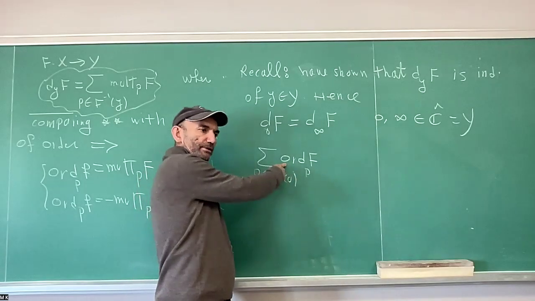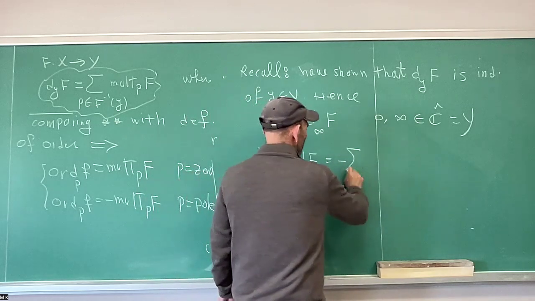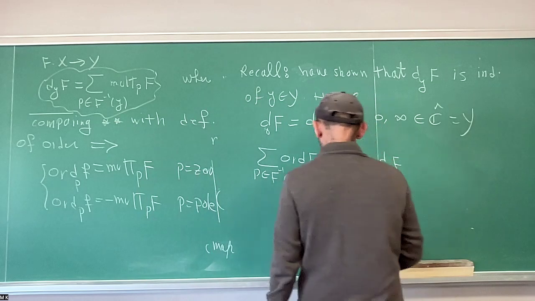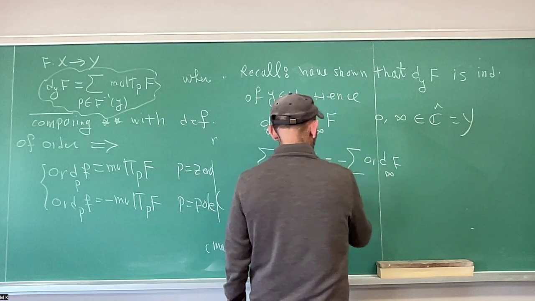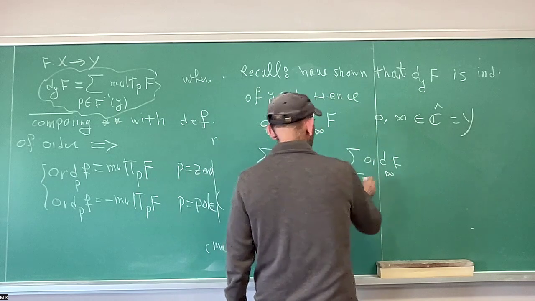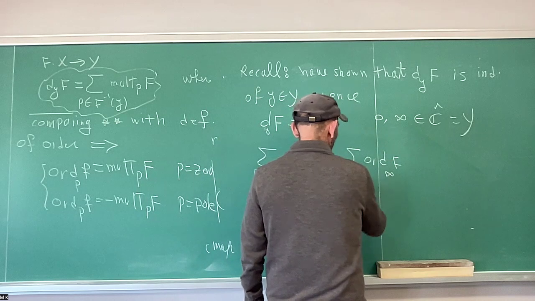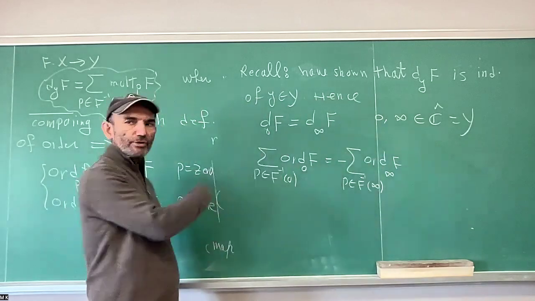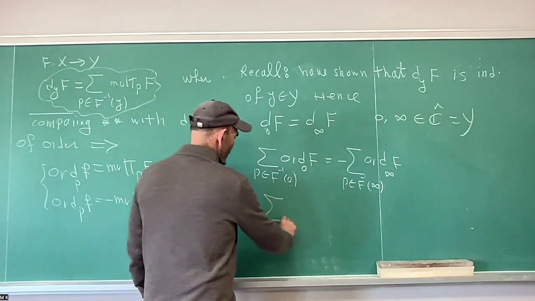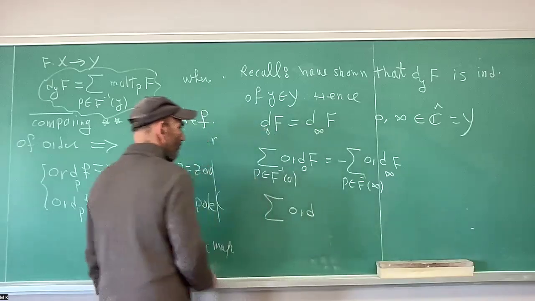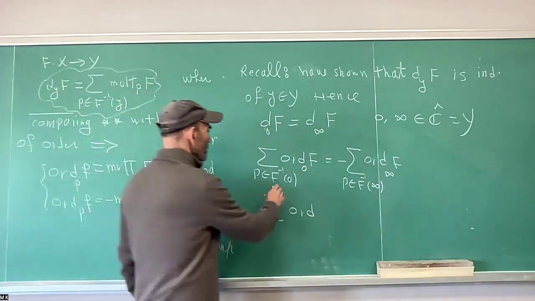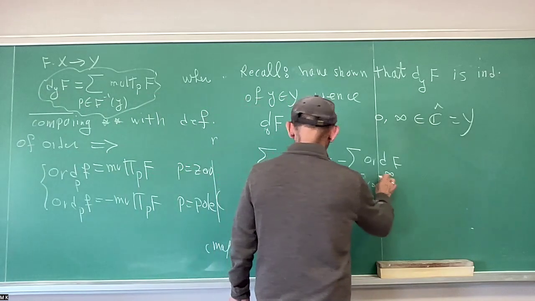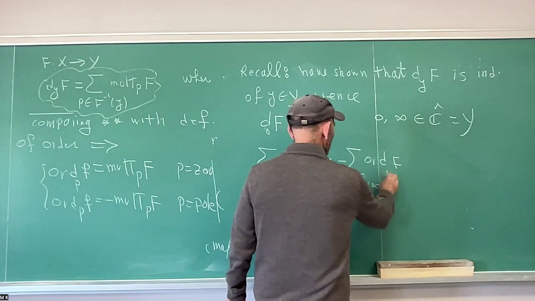So this sum of orders at 0 is equal to negative sum of orders of f at infinity, where p belongs to the inverse of infinity. So bring it to the left-hand side, you get sums of orders of p.